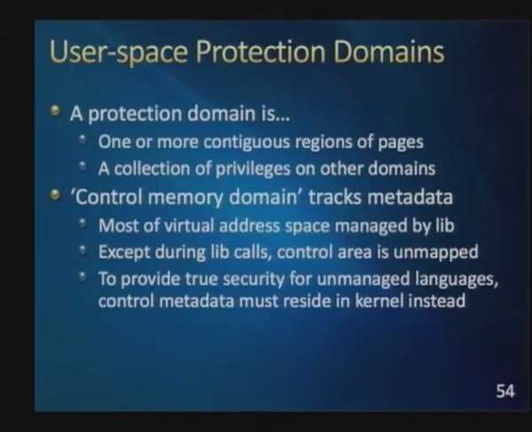And this metadata, obviously, since we're in user space, we can't prevent native code from manipulating, but we do try to prevent random corruption by unmapping that region of memory when we're not inside of the ribbon library, so it can't be corrupted inadvertently.